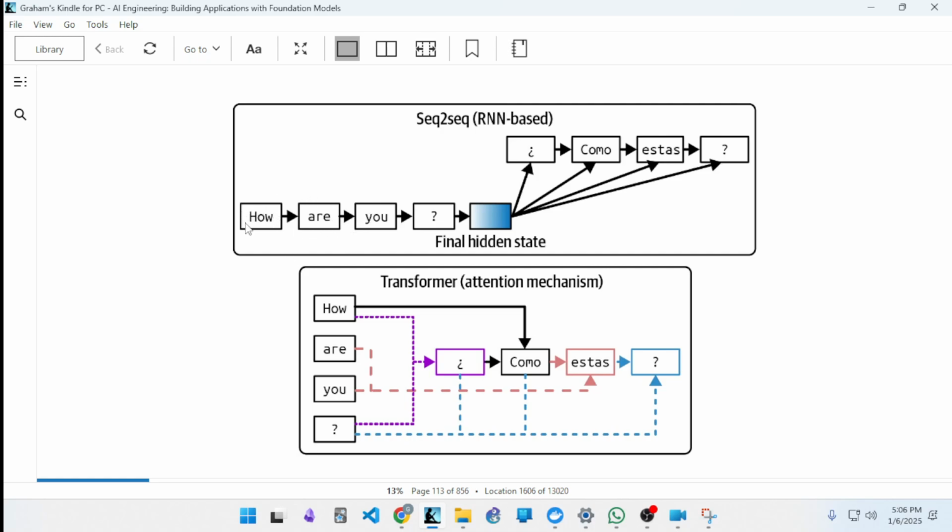That's a sequence of one word after another, and then there's a hidden state, and then the translation happens to another sequence, which is the translation. Whereas a transformer, which is an attention mechanism, it looks like there's no clear one-after-another sequence. The "how" is converted to "cómo," and we can see the lines aren't sequential in the same way.